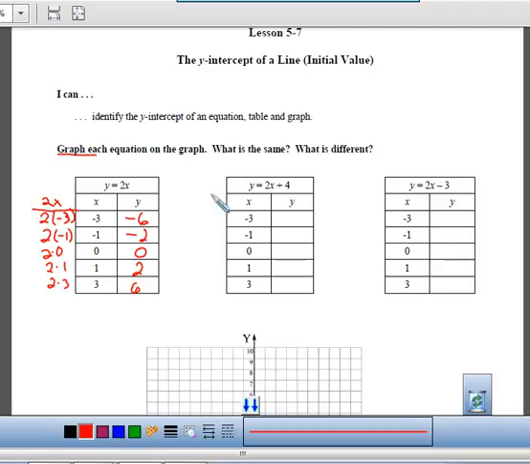Over here, I've got a very similar equation. This time it's going to be 2x plus 4. So I've got the same input values. So what is negative 6 plus 4? That's negative 2. What is negative 2 plus 4? That's positive 2. 0 plus 4 is 4.